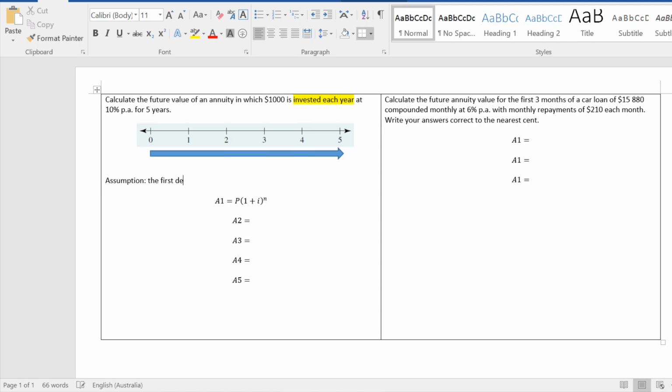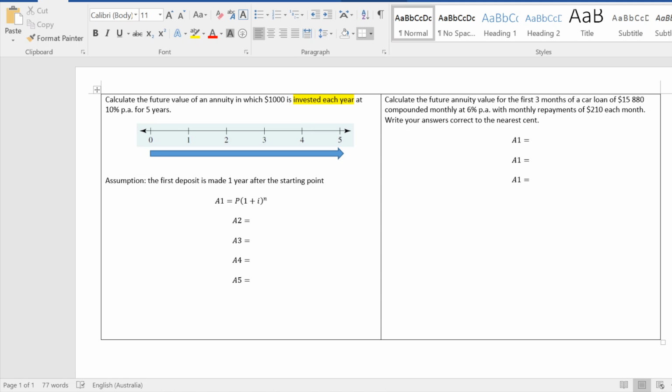So the first deposit is made 1 year after the starting point. Now, I may not agree with this because I feel that defeats the purpose. Why would you organise an annuity if you literally had nothing to deposit straight away? But anyway, that's beside the point. That's how the textbook goes about it.